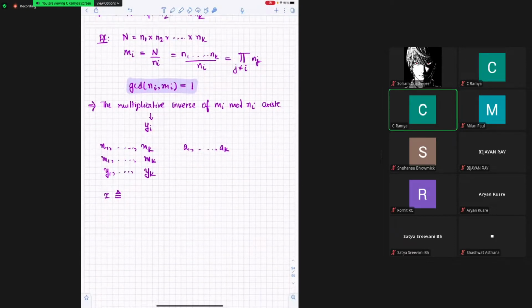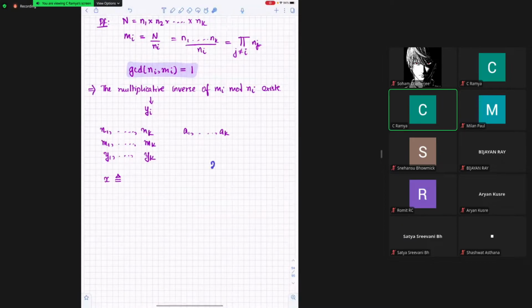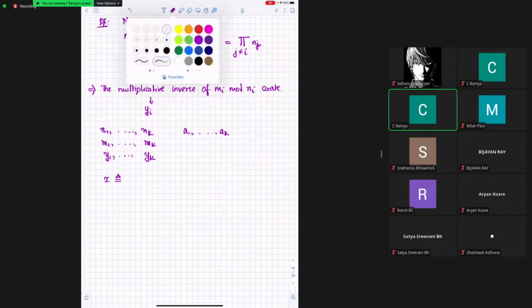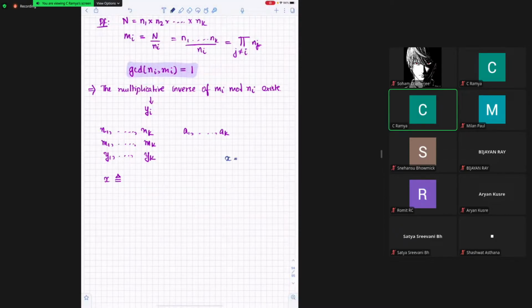So what do we actually want to do, right? I have x. I want this to be congruent to ai mod ni, right? So I want x to be congruent to ai mod ni. If I multiply by yi and mi, is this true?